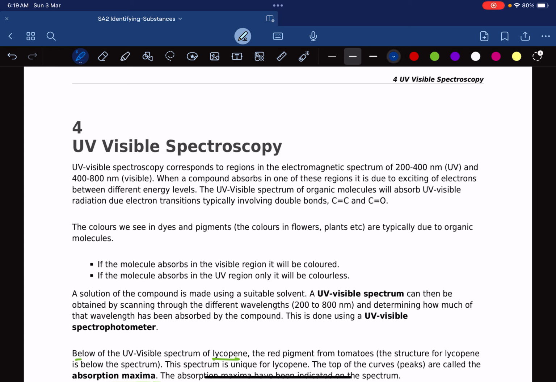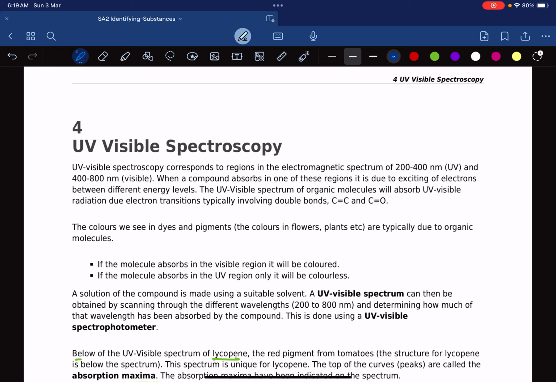So colorless compounds, like a clear solution, we will use a wavelength in the region of 200 to 400. But if it has color, then it's going to be 400 to 800. That's the wavelengths that we use. So that's what UV visible spectroscopy is.